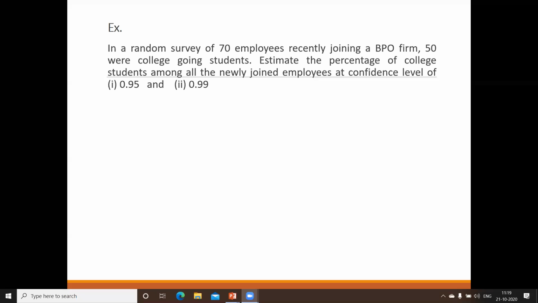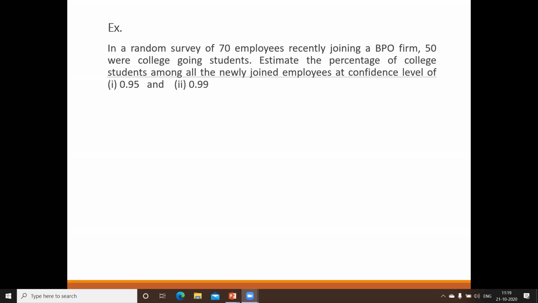Those who do not remember the value, as we have taken it before as well, 2.58, or if you want, you can also take 2.575. Both are okay. Okay, Saurav gives me the answer as 0.574 and 0.851. Saurav, just check the second value, that is 0.851, whether you're getting that.